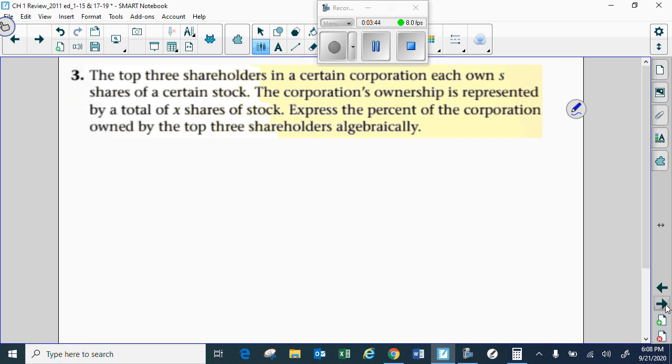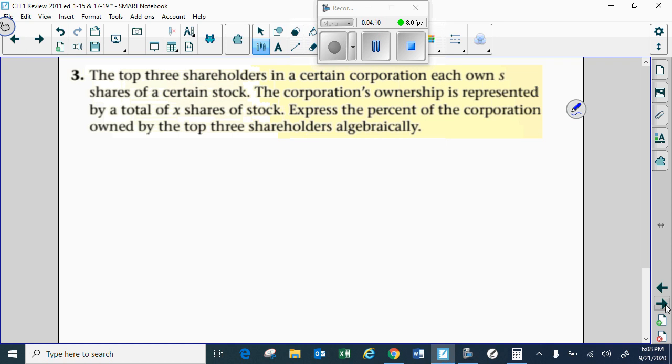Okay, that's 2. 3, the top 3 shareholders in a certain corporation each own S shares of a certain stock. The corporation's ownership is represented by a total of X shares of stock. Express the percent of the corporation owned by the top 3 shareholders algebraically.